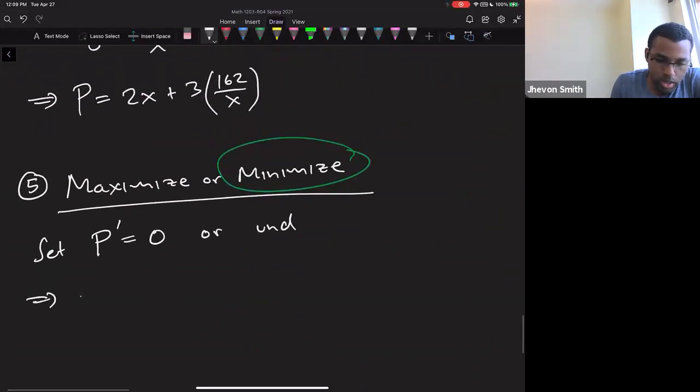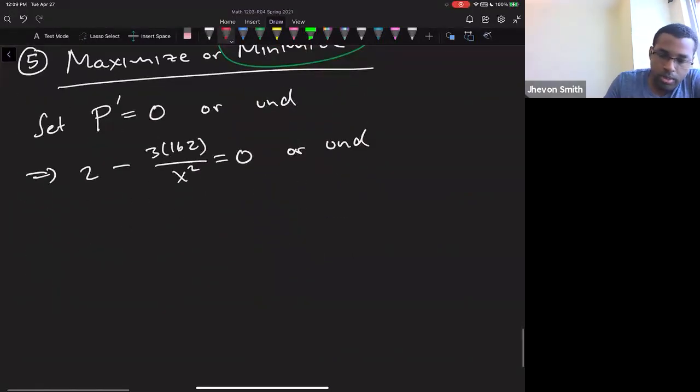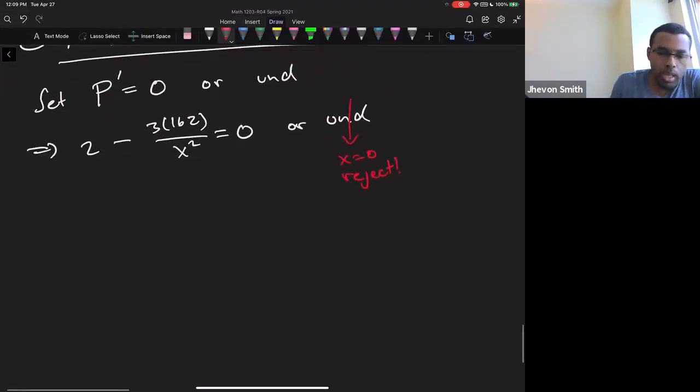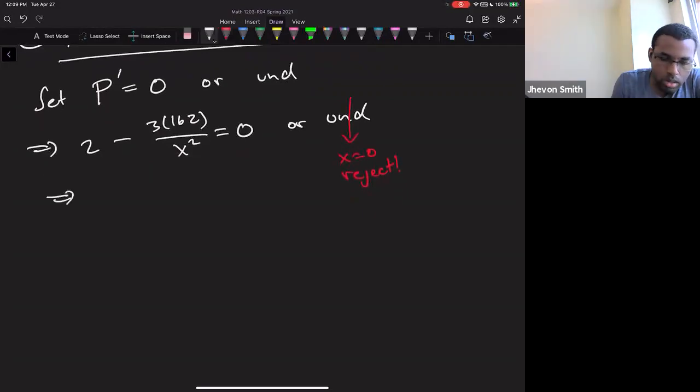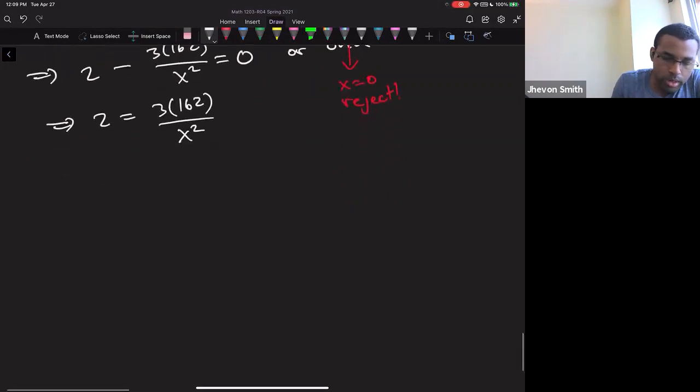Derivative of this is going to be 2 minus 3 times 162 over x squared equals 0, or undefined. For undefined, x equals 0, of course, reject. Doesn't make any sense. For this, though, we would have 2 is equal to 3 times 162 over x squared.